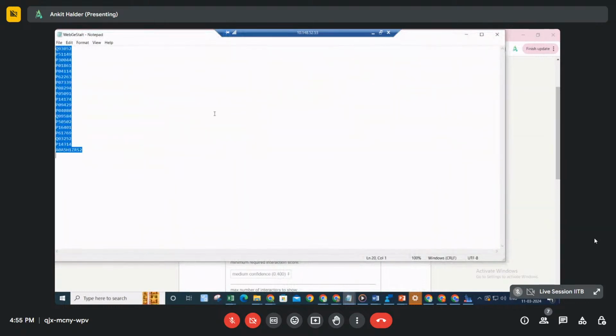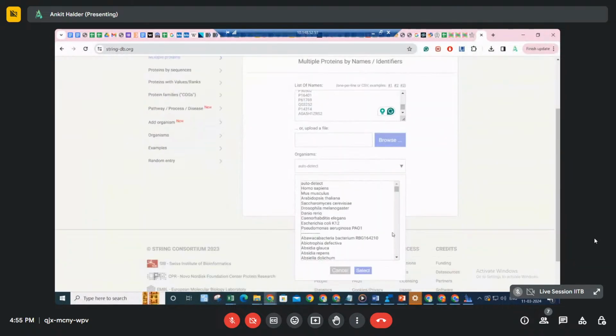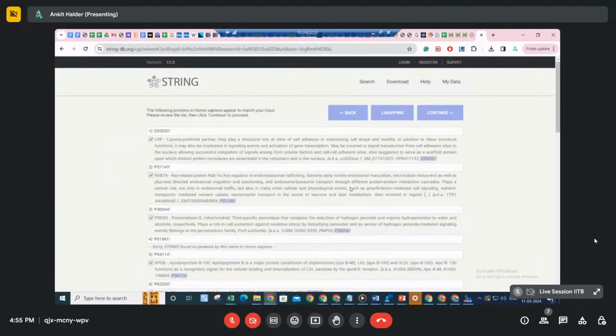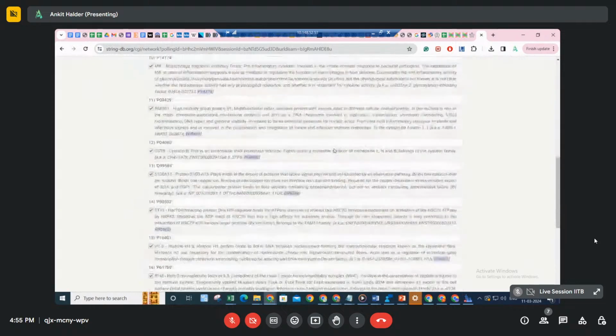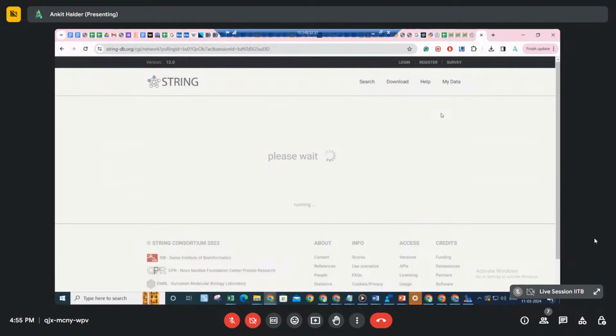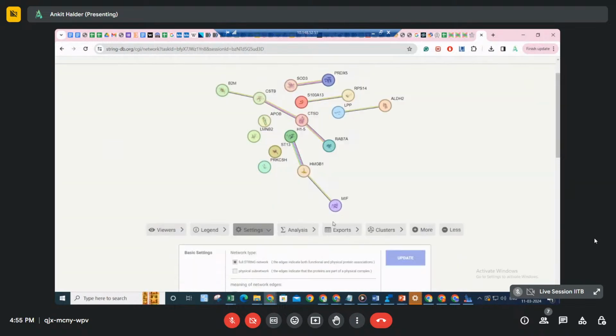So these are the UniProt IDs, and the organism is Homo sapiens. You can keep it as auto detect as well, or mention it, because we are dealing with Homo sapiens. This will map the UniProt IDs with the genes, and then if you just press continue, you can see this is the network between the different proteins and the associations which are coming.